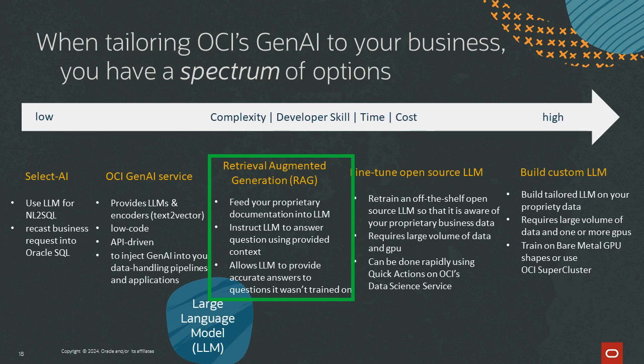But what do you do when you have your own proprietary data? How do you instruct the LLM to reference this data, keep it up to date, and incorporate data that the LLM has not previously learned its information on? It wasn't generated based on that.